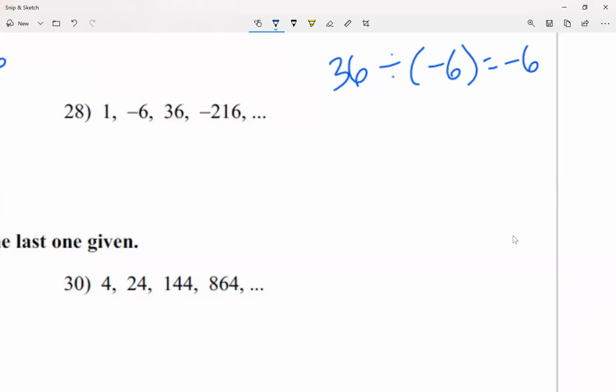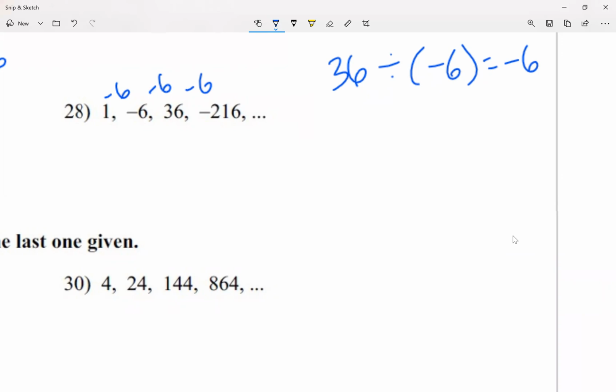So according to my formula here, my ratio, the number I keep on multiplying, is a negative 6. 1 times a negative 6 is a negative 6, times a negative 6, a negative times a negative makes it positive, times a negative 6 gives me negative 216. So each time I multiply by a negative 6.